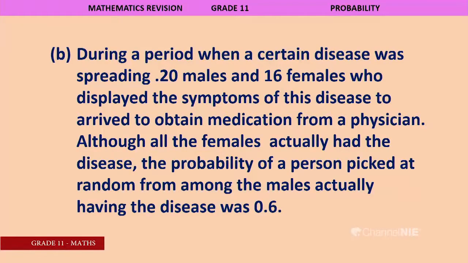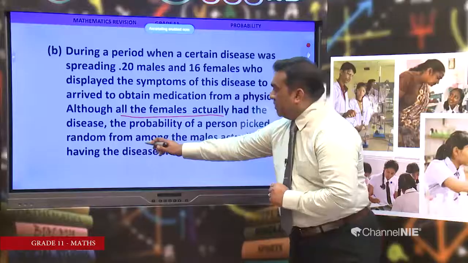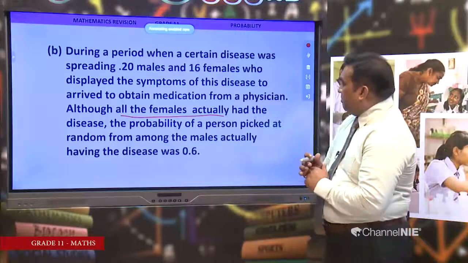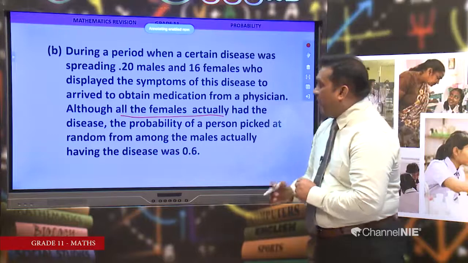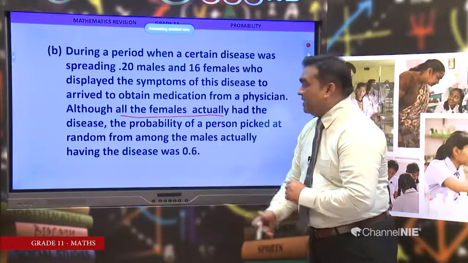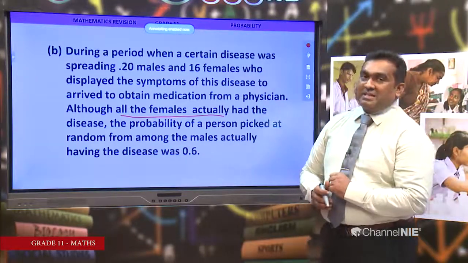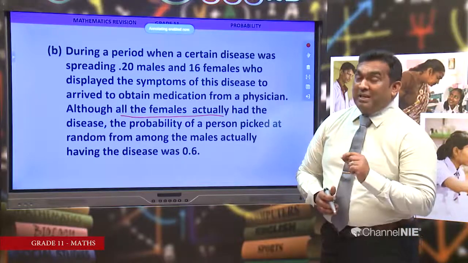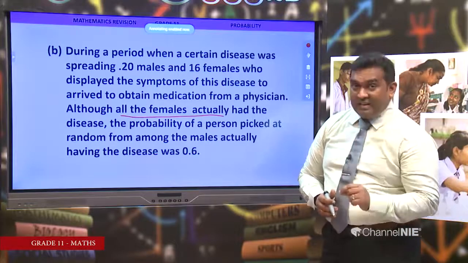All, right? 6/6, 20/20, 30/30, likewise. The probability of a person picked at random from among the males actually having the disease was 0.6. 0.6 means 6/10 as a fraction, right?